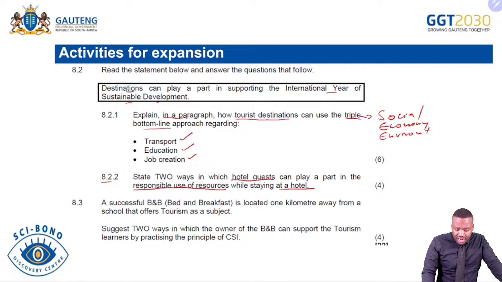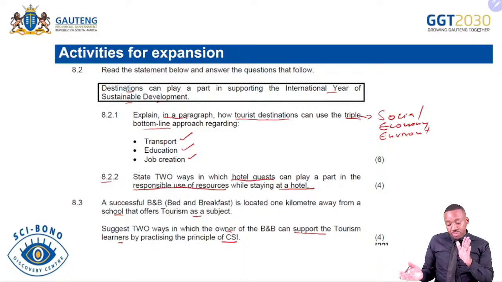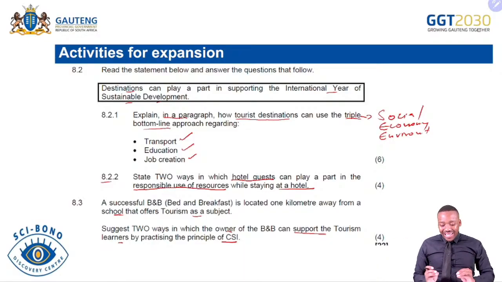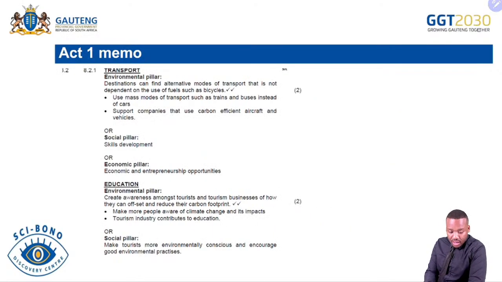Then the last question: a successful B&B is located 1 kilometer away from a school that offers tourism as a subject. Suggest 2 ways in which the owner can support the tourism learners by practicing corporate social investment. So you just need to go back and understand these terms and try to answer the questions. You will download the activity and the memos later.